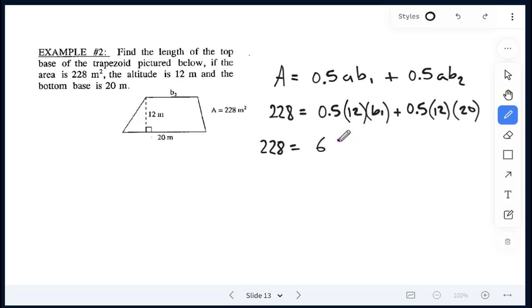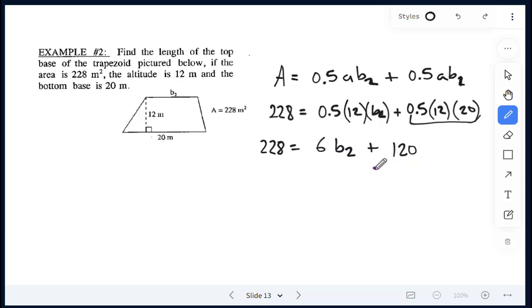So we'll just continue with this being base 2 and this one being base 1. All right, so here we get 6 base 2 plus, we'll multiply all of this out, 0.5 times 12 times 20. That's 120. So now we have 6 B2 plus 120.